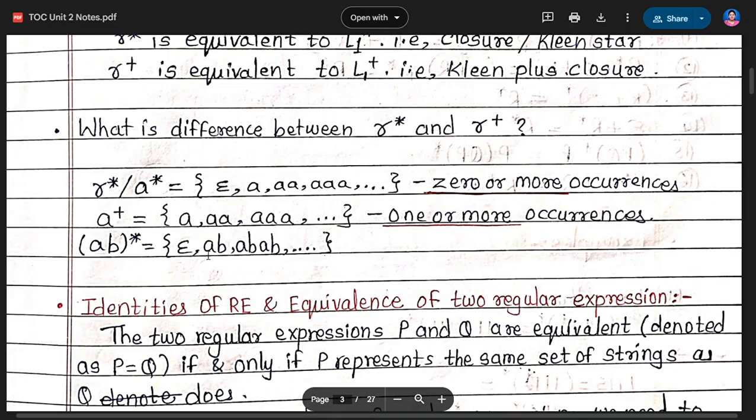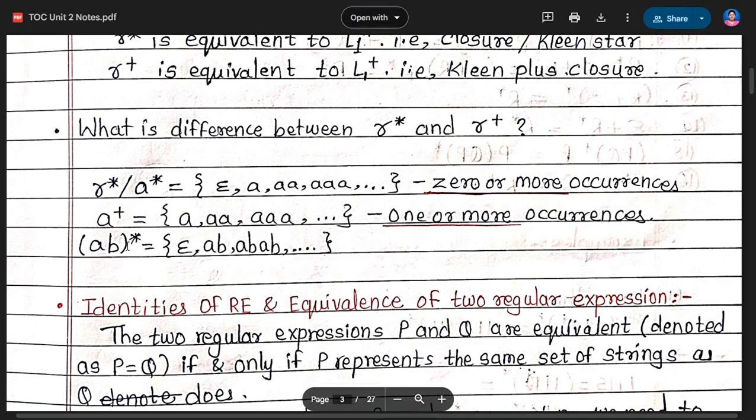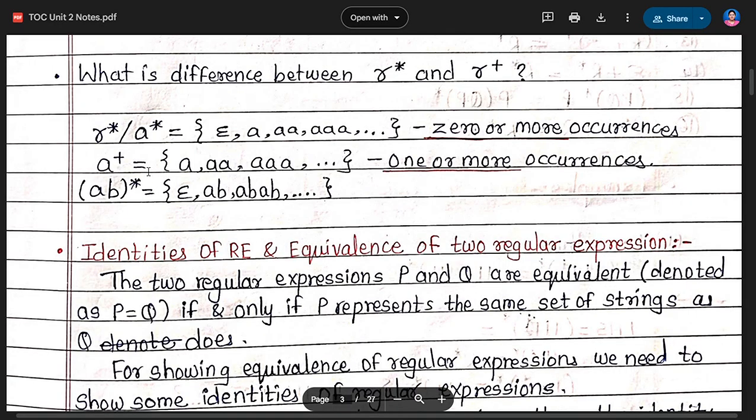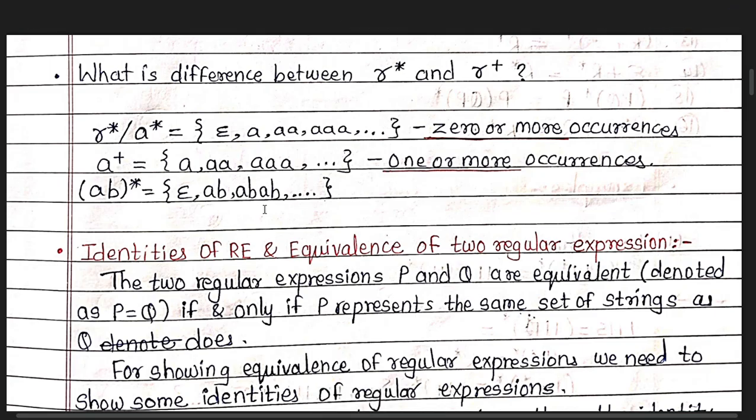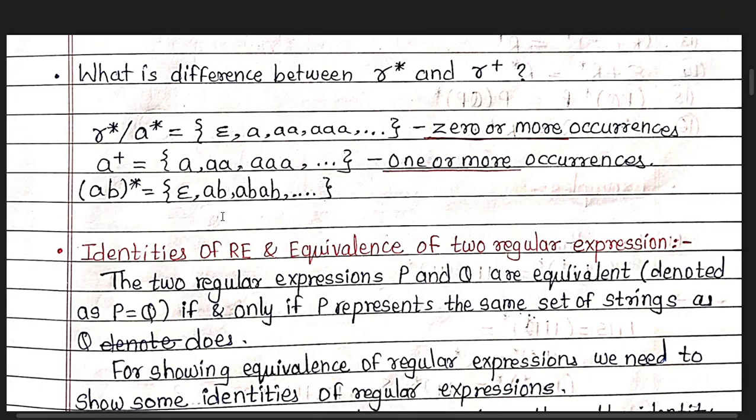Please remember this: A plus is not starting with epsilon, which means it is not starting with zero. It is starting with one. So what is the answer for (AB) star? Epsilon, AB, double AB. If there is (AB) in brackets with plus, then the answer starts directly from AB.